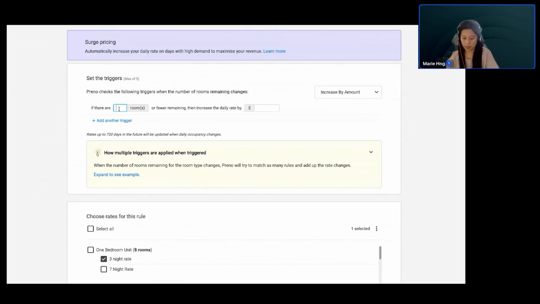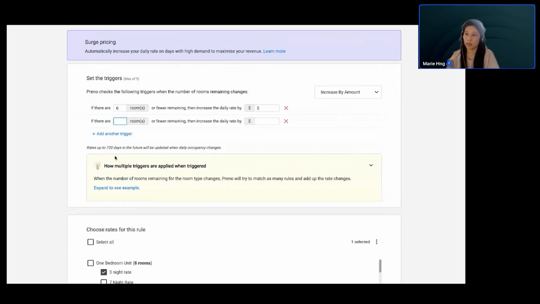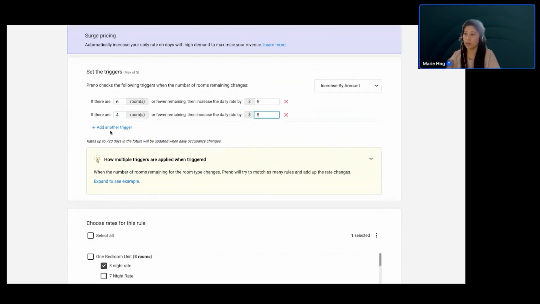So I could decide to go, right, if I want at 6 rooms, I want to increase my daily rate by $5. And then when it drops down to 4 rooms, I want to increase it by another $5. Okay. So you can set up to 5 triggers.